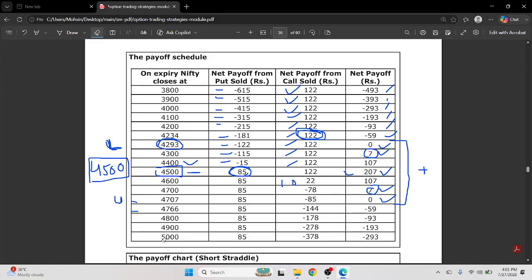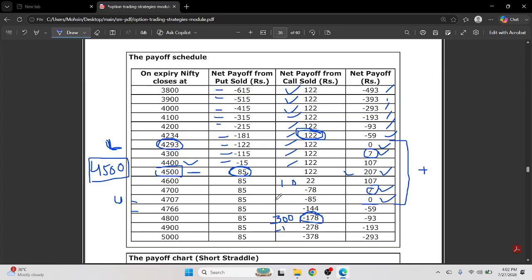But at this level, after your break-even point, you can see if the market is 4800, now you have the loss of 300 points. But we have received the premium of 122 points. So 300 points minus 122 equal to 178. So we are having the loss of 178 points, but we have received the premium of 85 as well.